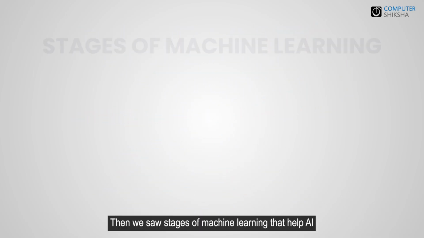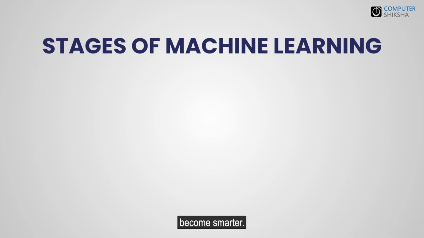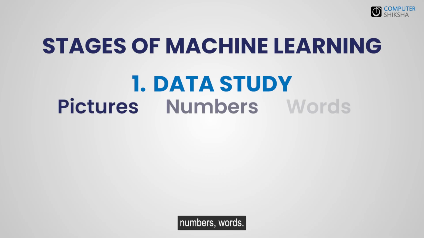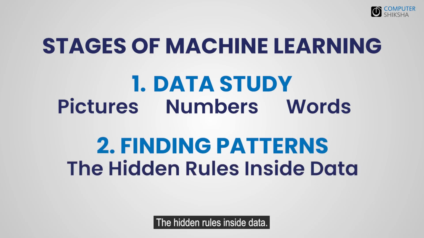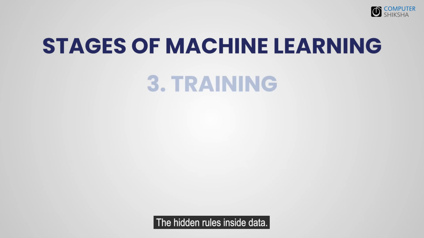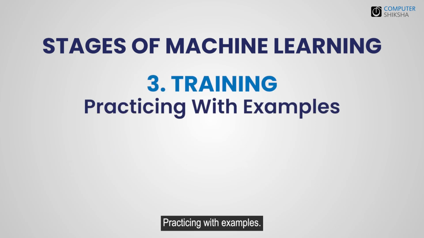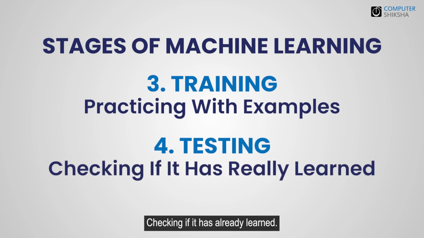Then we saw stages of machine learning that help AI become smarter. Data study, studying pictures, numbers, words, finding patterns, the hidden rules inside data. Training, practicing with examples. Testing, checking if it has already learned.